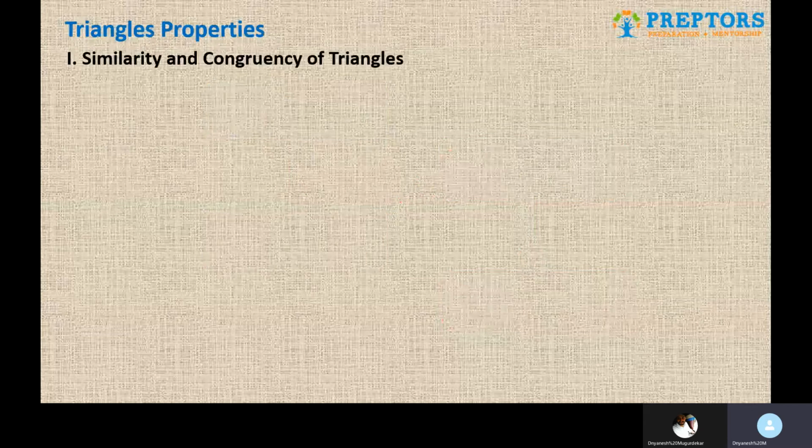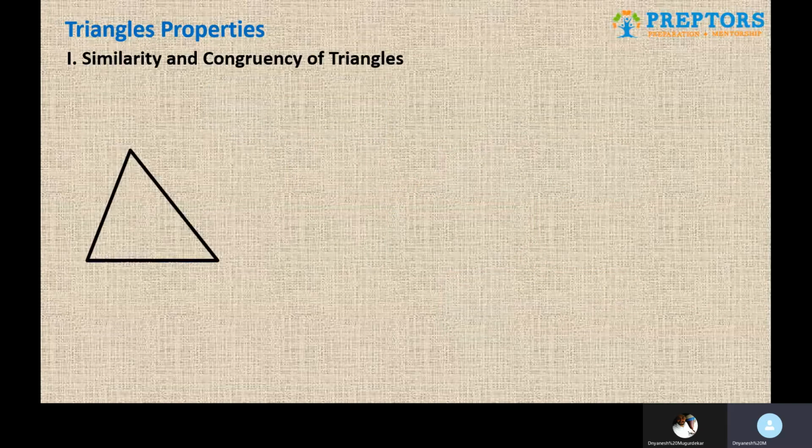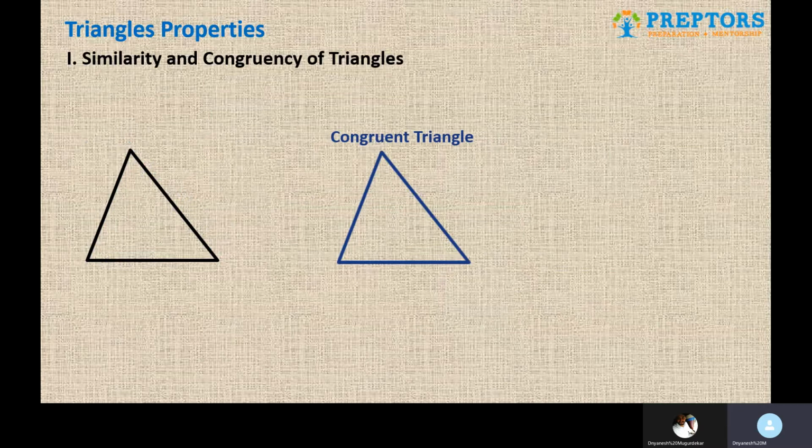So let's start with the first part, similarity and congruency. Whenever we talk about a congruent figure or a congruent triangle, what we mean is that the shape and the size both will be the same. So a triangle will be a triangle, and it will also be of the exact size.